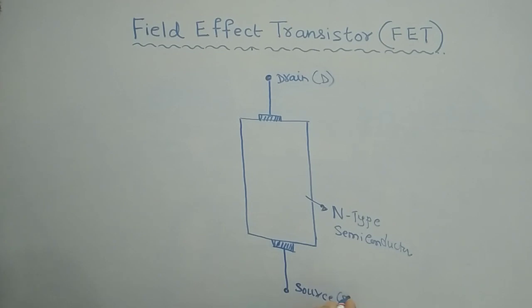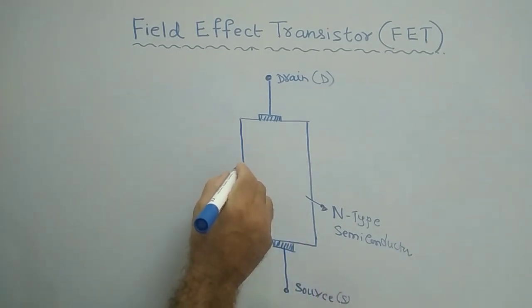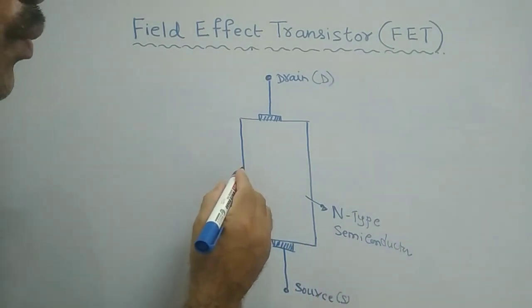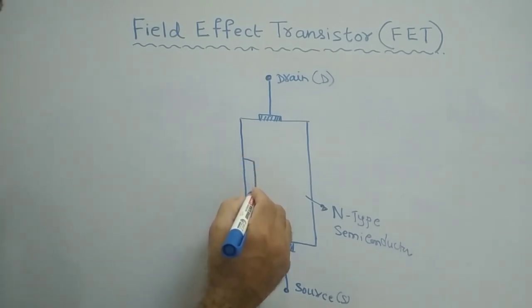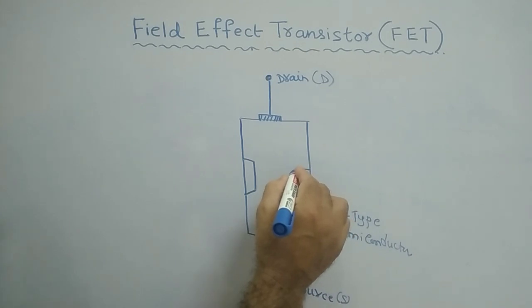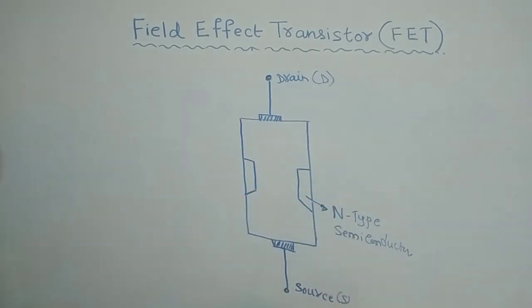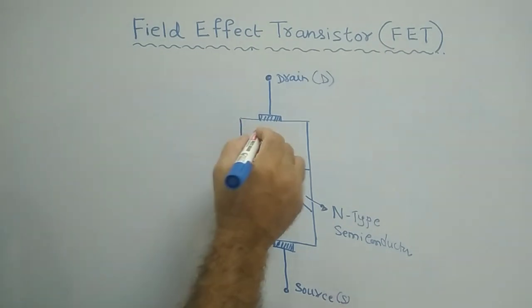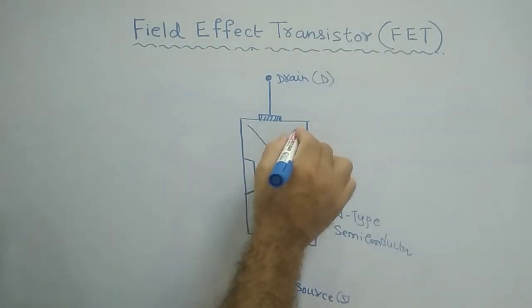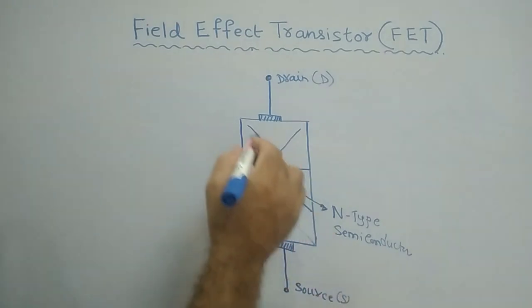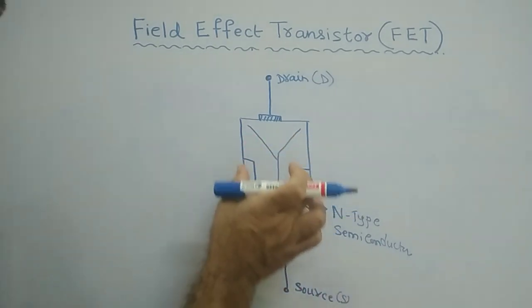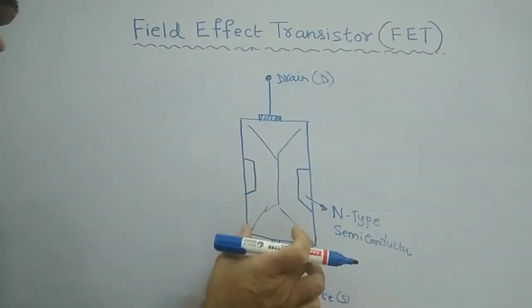Then here, a small portion on both sides of this n type is doped with p type material. This entire part is an n type semiconductor.